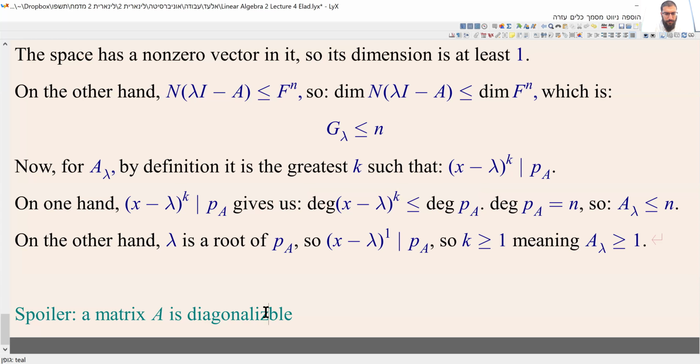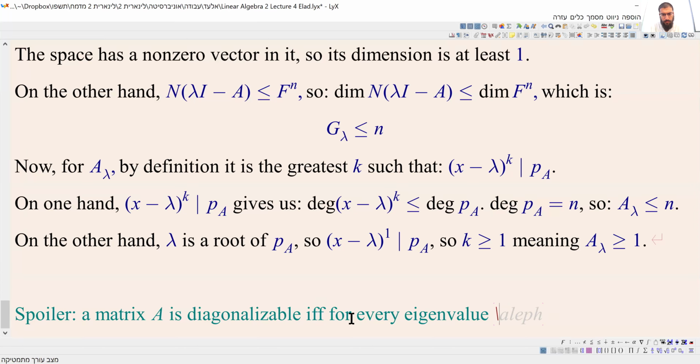Let's put A diagonalizable if and only if for every eigenvalue lambda, the algebraic multiplicity and the geometric multiplicity are the same.